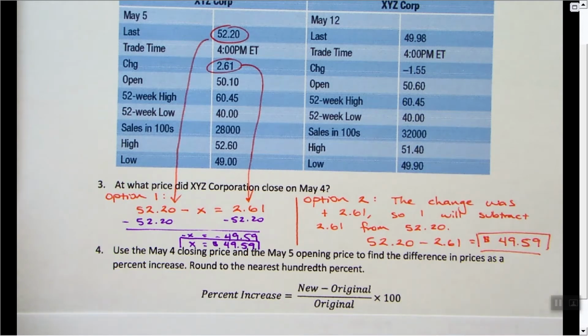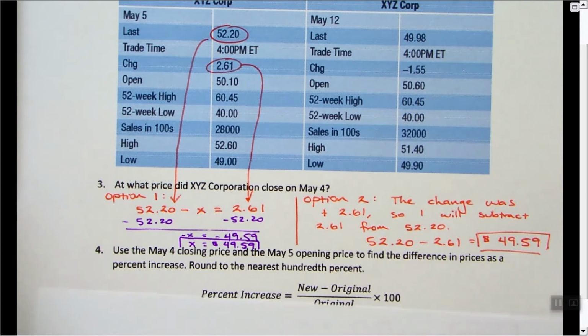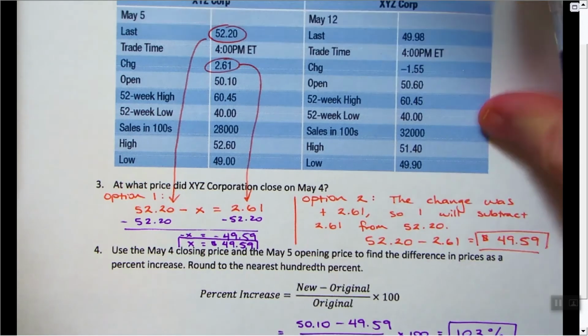Okay, so in this case, I'm finding the percent increase from the May 4th closing price to the May 5th opening price. So the new in this case is the May 5th opening price, which is $50.10.